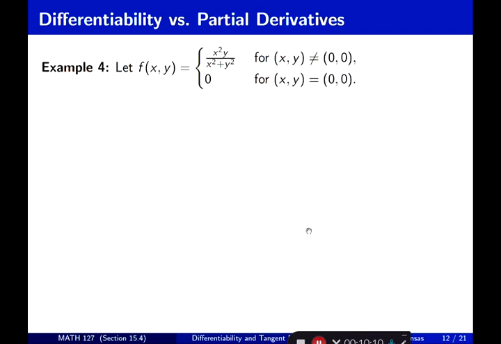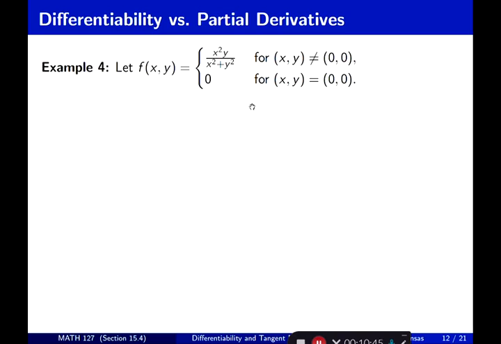Example 4, differentiability versus partial derivatives. Let f of x and y be x squared y over x squared plus y squared for x and y not equal to 0 and 0, and 0 for x and y equal to 0 and 0. This is actually the example that we just did, example 3, and we figured out from the graph of the function that it's not differentiable.